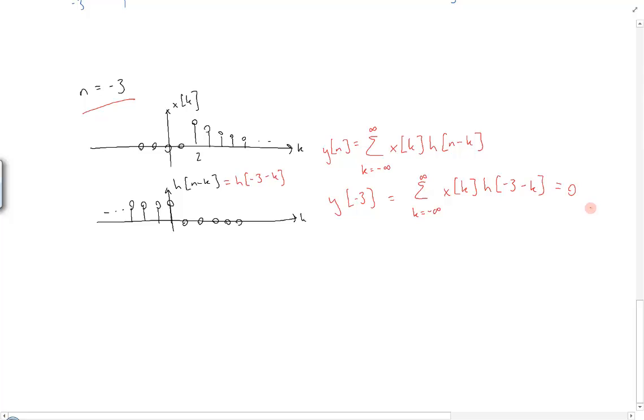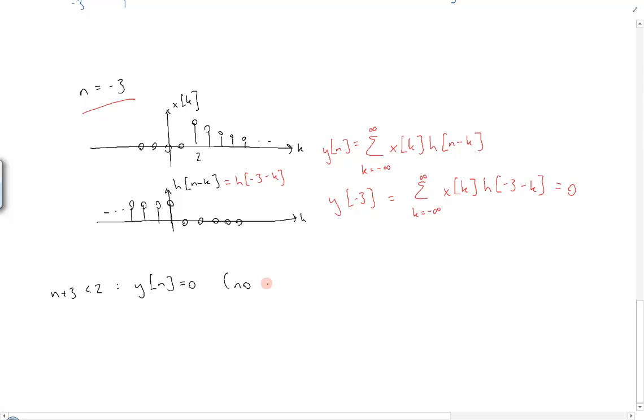In fact, we can generalize this and we can see that it's going to hold when n plus 3 is less than 2. This is going to give us no overlap between h of n minus k and x of k, since this first point is at n plus 3. When it's less than 2, there will be no overlap, and therefore we're going to get that y of n is equal to 0.